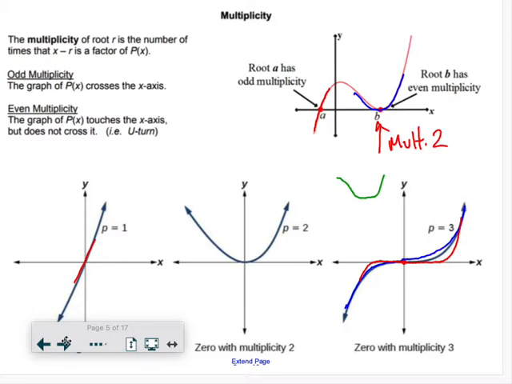If a graph has odd multiplicity at a 0 on the graph, so that's at the x-intercept, the line or curve, mostly curve, will pass directly through that x-intercept. And if it has even multiplicity at that 0, the graph will just touch the x-intercept and turn away. It's tangent to the curve, right?